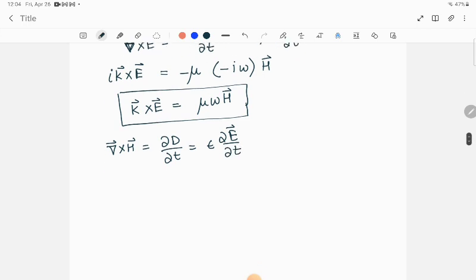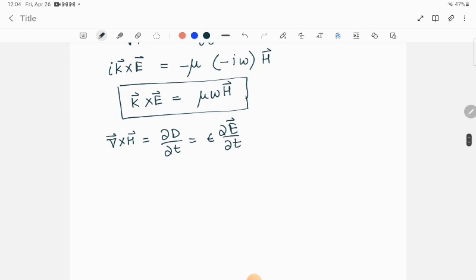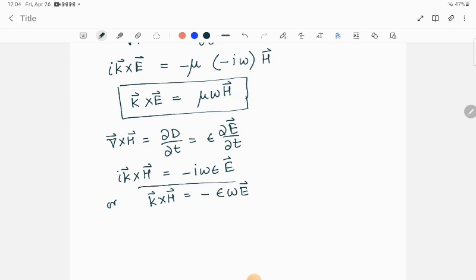Curl of H then turns out to be i k cross H, and on this side I have minus i omega epsilon E. So k cross H equals minus epsilon omega E. They are all self-consistent; both work out together.